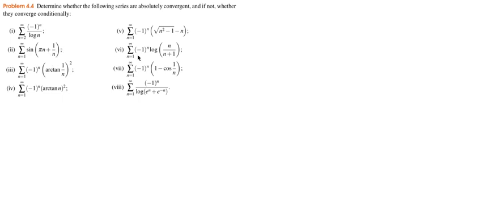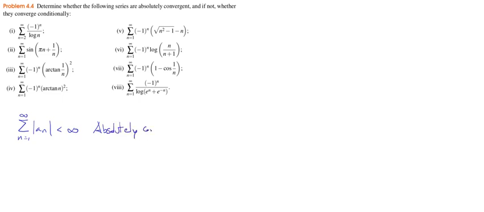So alternating series, they either converge absolutely, which means that the sum from n equals 1 to infinity of the absolute value of a sub n is smaller than infinity. So this is absolutely convergent, right?